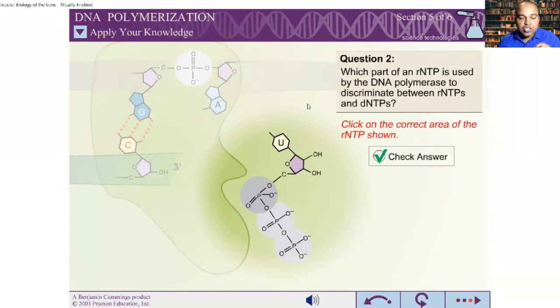Which is the hydroxy group that is going to be used for differentiating between ribonucleotide triphosphate and deoxyribonucleotide triphosphate? Can you just differentiate between the two? So it is always the 2' hydroxy group that is going to be used as a differentiating agent between the ribonucleotide triphosphate and the deoxyribonucleotide triphosphate.